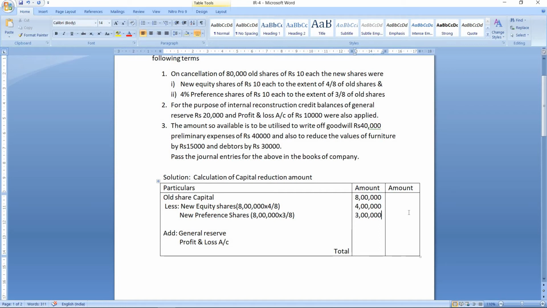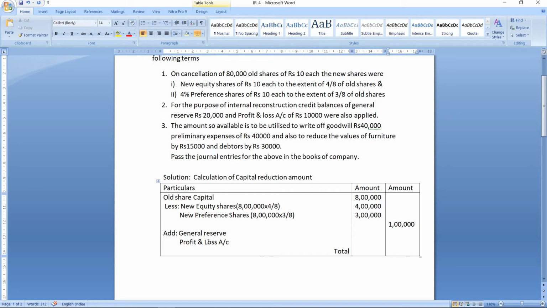So the amount of capital reduction available with you will be 1 lakh rupees. So this is the amount available for capital reduction. From 8 lakh, 4 lakh will be your equity shares, 3 lakh will be your preference shares. So 1 lakh is available for capital reduction.